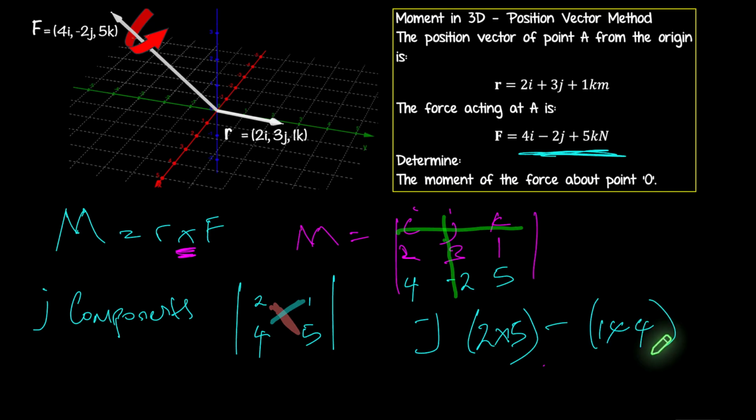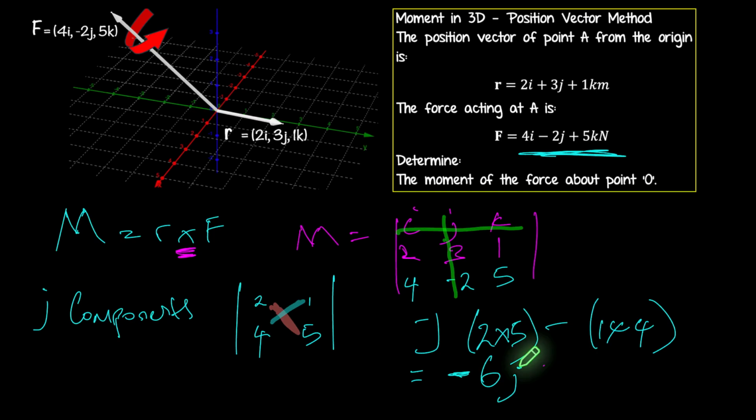This gives us 10 take 4, which is 6, so with the negative j we have negative 6j. As I said, I'll explain why we start with a negative j in a video on the matrices topic.